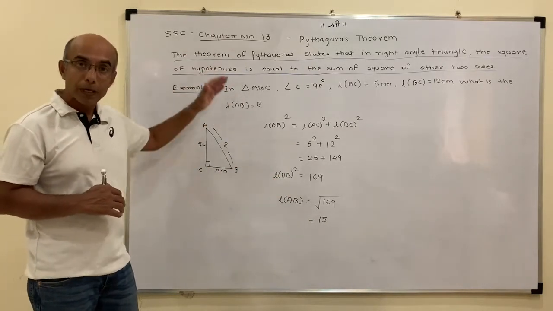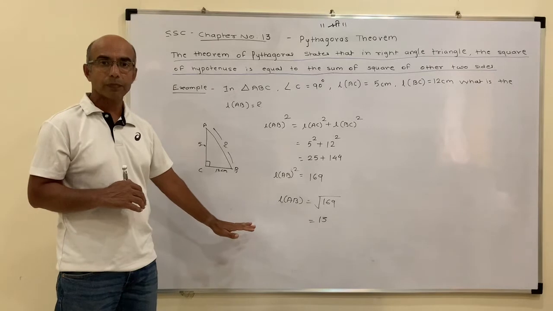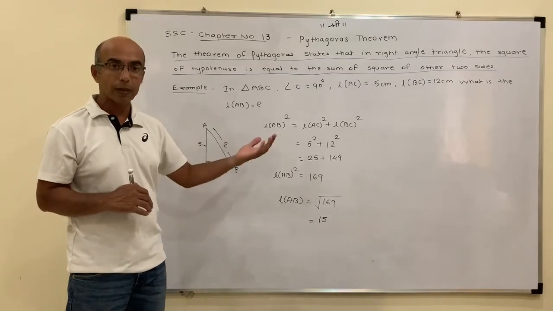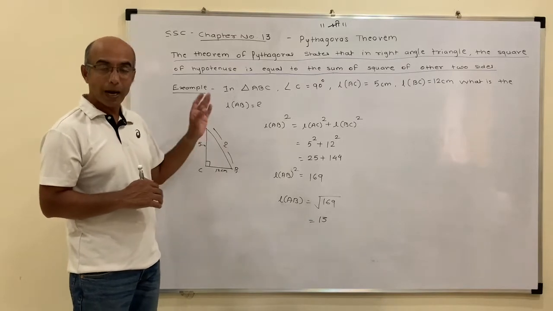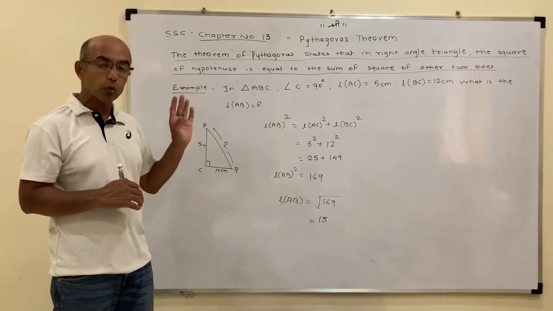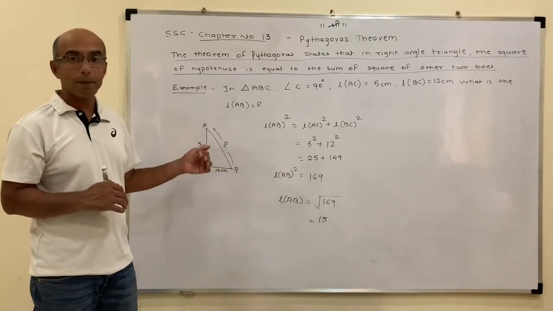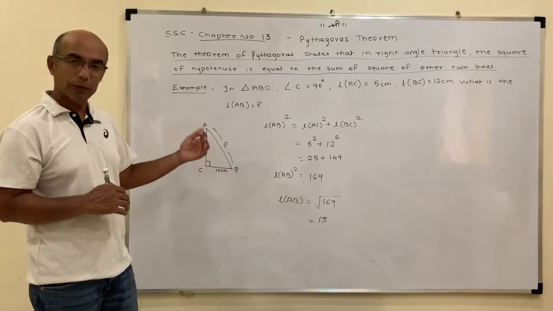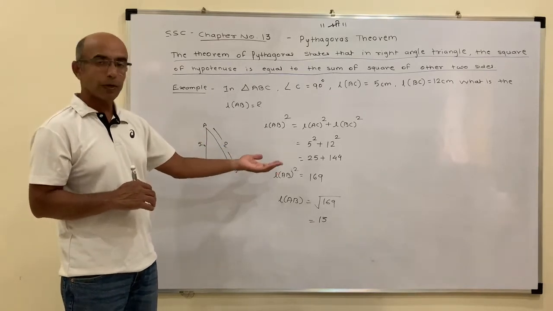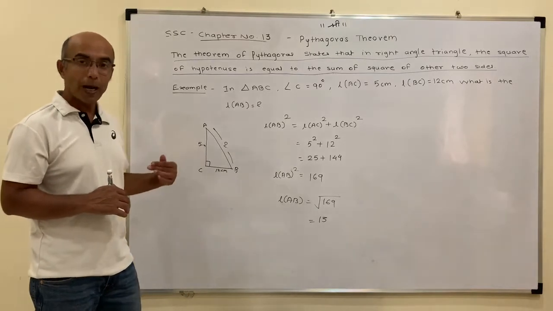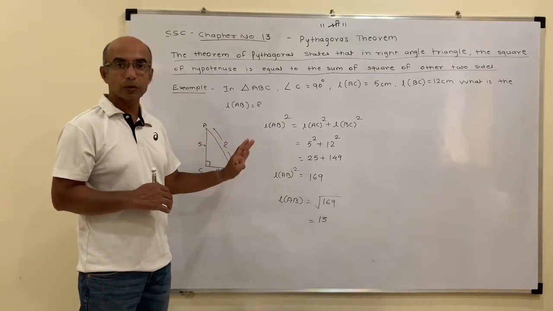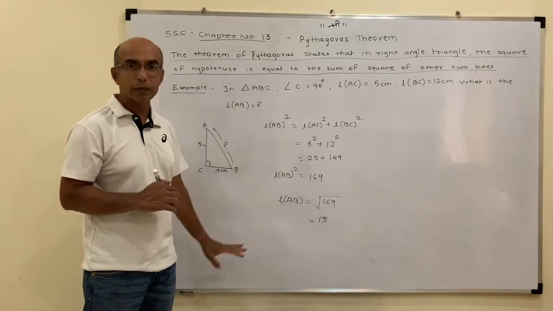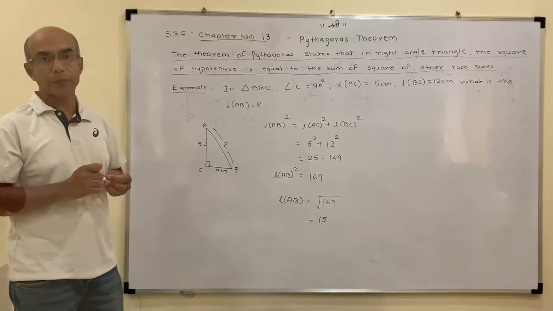So it will speed up your calculations. Rather than doing rough work and then making silly mistakes there, I would suggest to learn by heart the table from 2 to 30, and as well the square and square root. Once you learn the square, the square root automatically will come. So it will save a whole lot of your time during the exams.